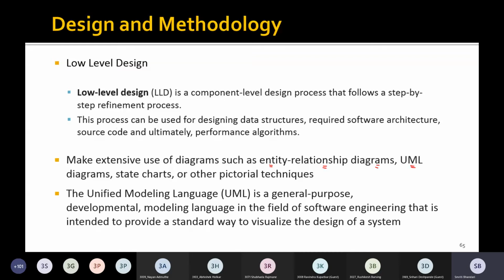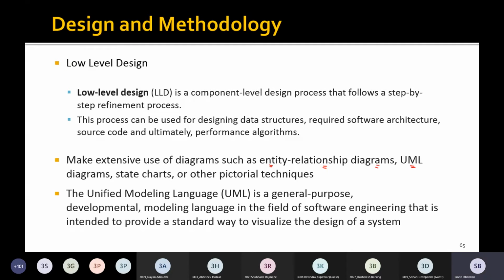Typically, the UML diagrams, Unified Modeling Language, UML diagrams. So this UML is a general purpose developmental and modeling language, right? So you must have learned this in software engineering, okay?